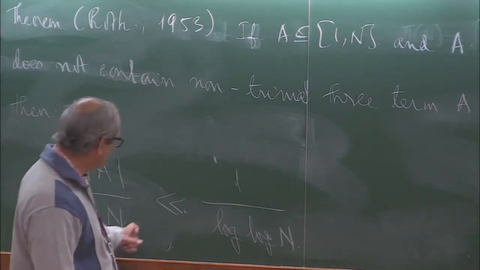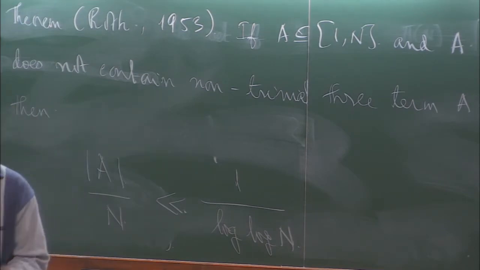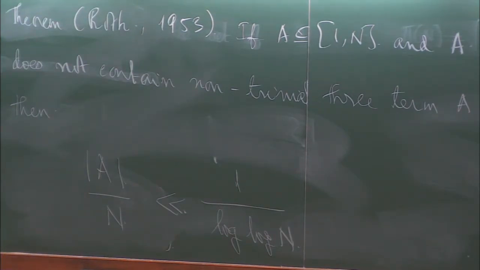So here too the cardinality just slips from n by a small 1 over log n.